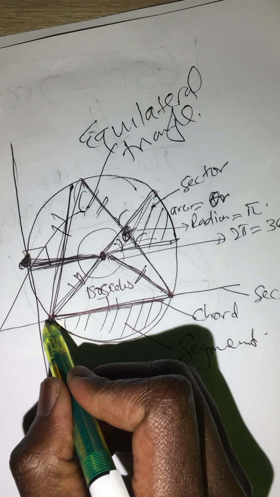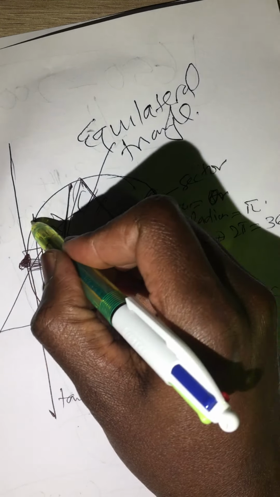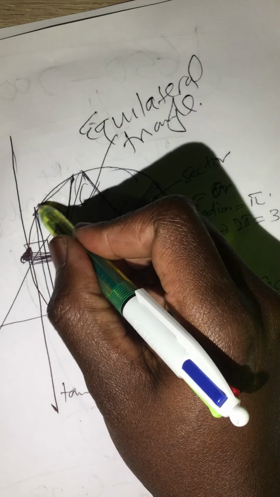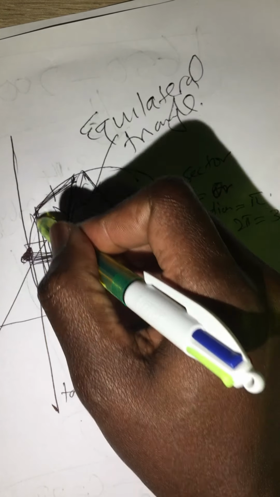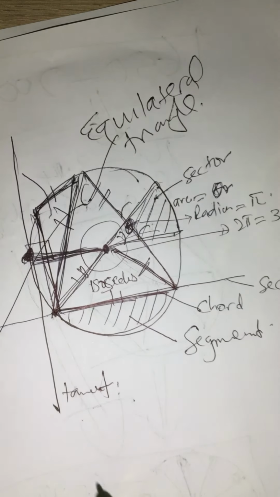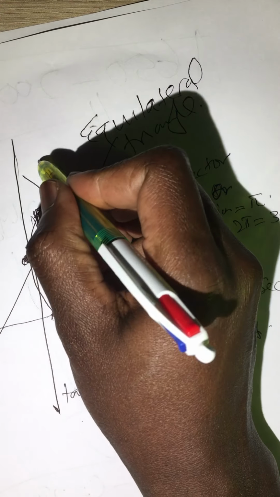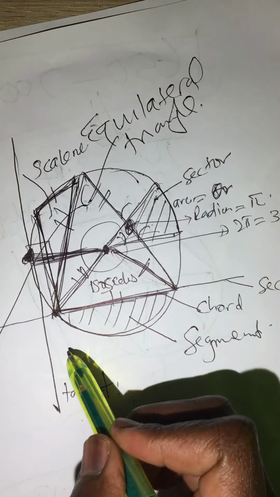And also, when you draw another chord here and there, you will end up with chords of different lengths, and this kind of triangle is known as a scalene triangle defined by the circle.